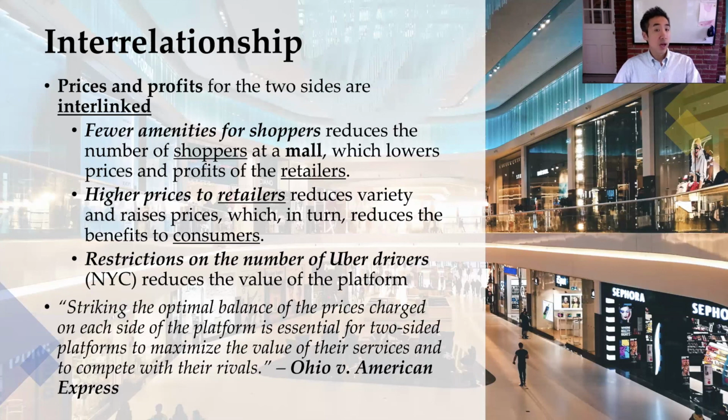And in turn, that could affect the pricing on that first side we talked about. Unless we really understand that mechanism, or at least appreciate it, we're not going to tend to get the right answer. And that's the point of the court's quote here.